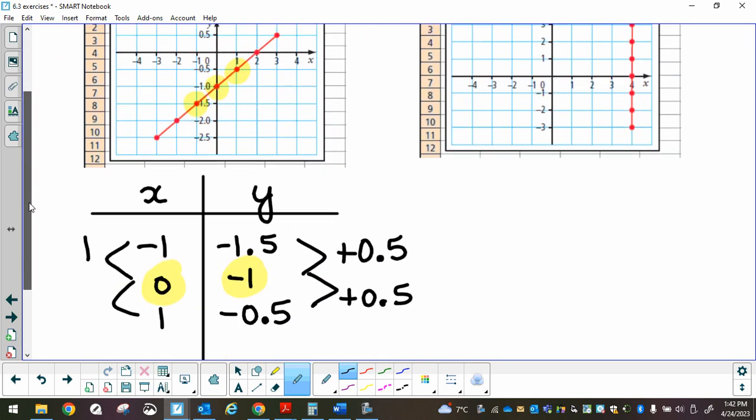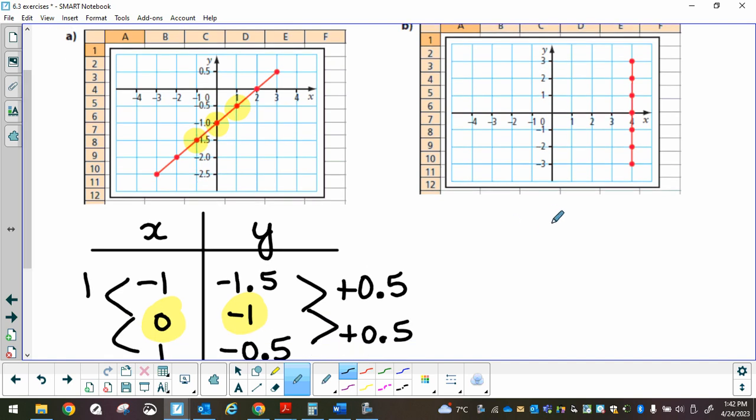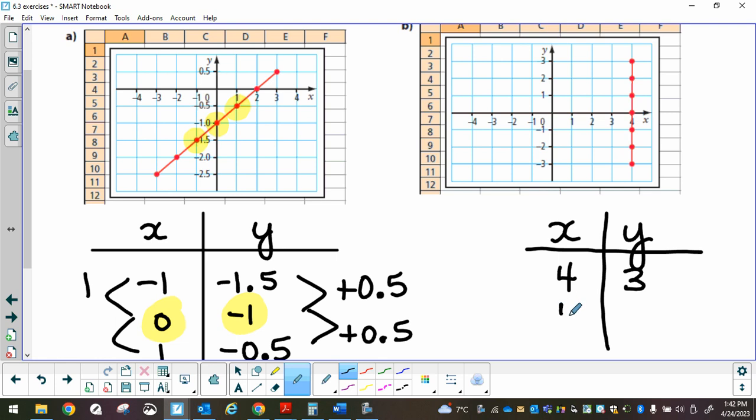Okay, and B is kind of a nice one because it is a vertical line. If you want to pick points off, you can. X is 4 and Y is 3. X is 4 and Y is 2.